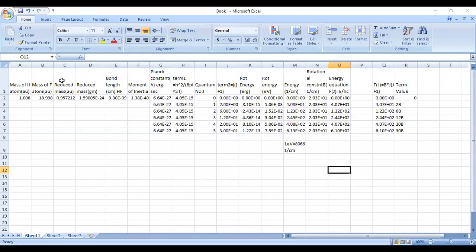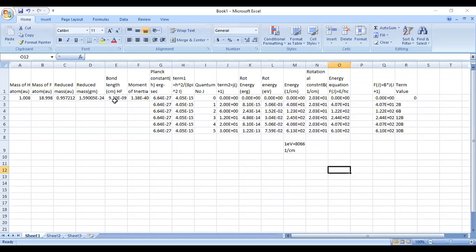I calculated the reduced mass using the expression: if the mass of the hydrogen atom is M1 and the mass of the fluorine atom is M2, then the reduced mass is M1 times M2 divided by M1 plus M2. I calculate the reduced mass in atomic units, and then in grams. There is a conversion factor which you have to use to convert your reduced mass into grams.